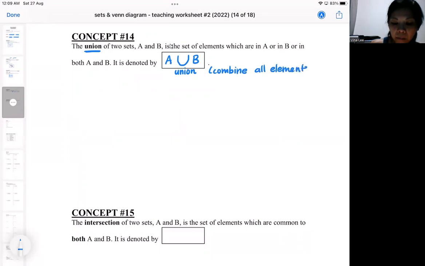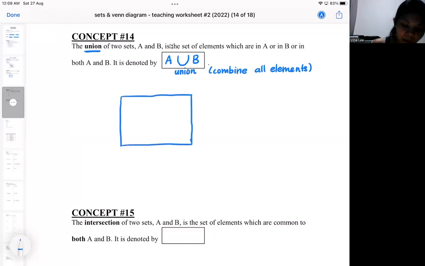You simply combine all the elements, but when you combine them, you don't repeat the same elements. Later on, I'll show you. But how will it look? What do we mean by that?